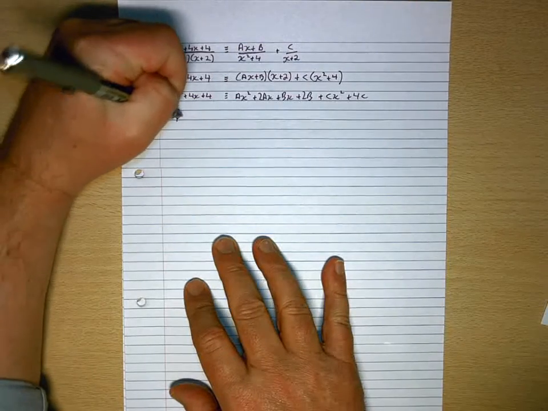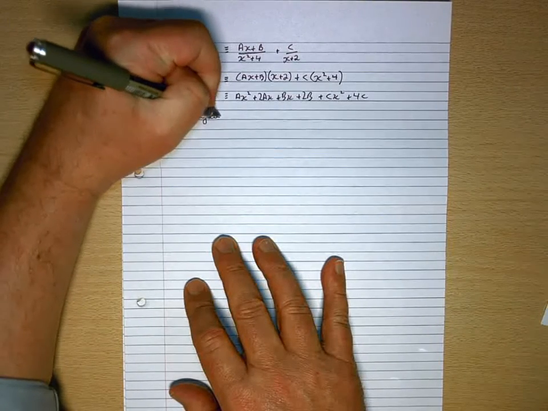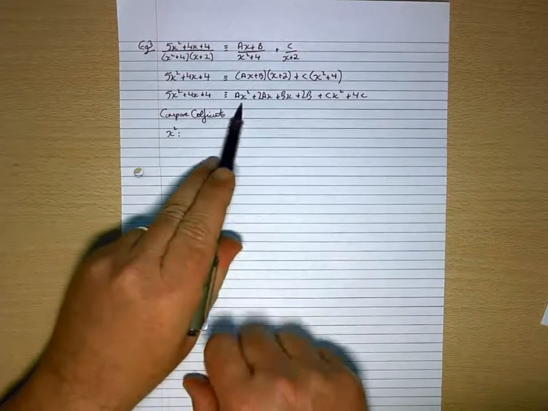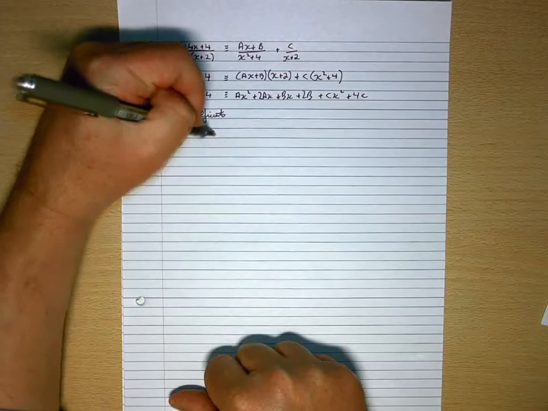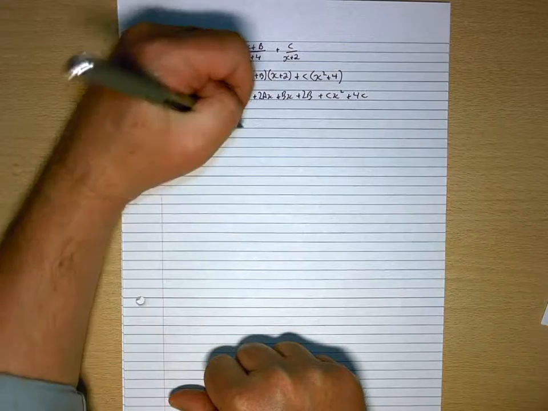So now to compare the coefficients. We've got x squared terms, so we have a plus c, and those values have to equal 5.